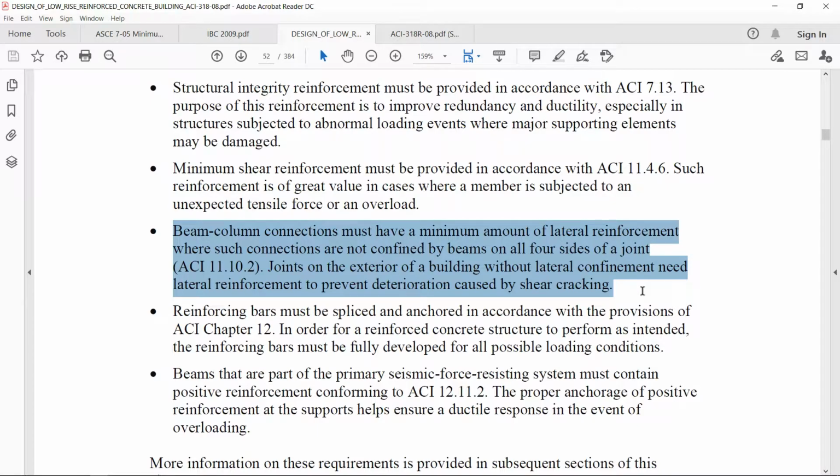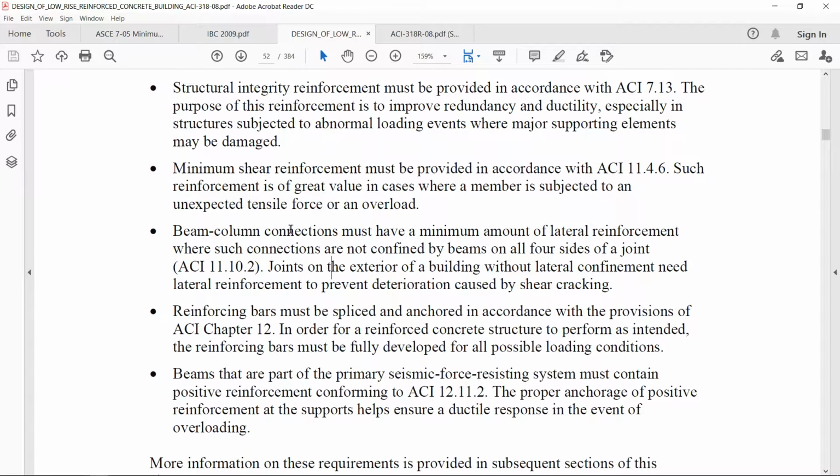This is very important in case of earthquake. If you are not designing for lateral forces, okay, you are just developing your connection as per the standards, fine. But when you are dealing with lateral forces, you have to ensure that all your beam-column connections are in line with ACI para 11.10.2.